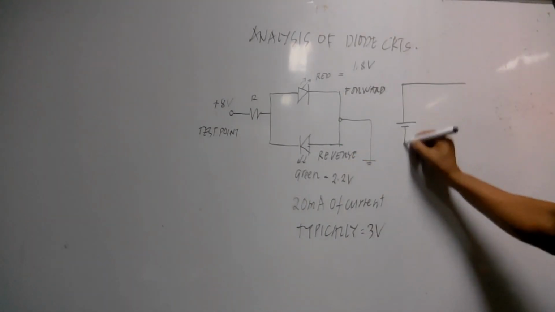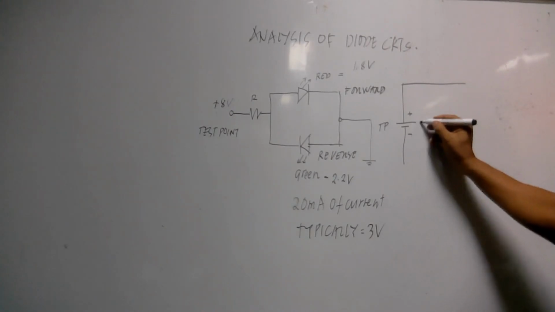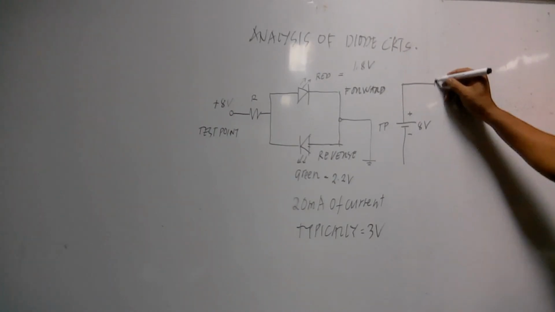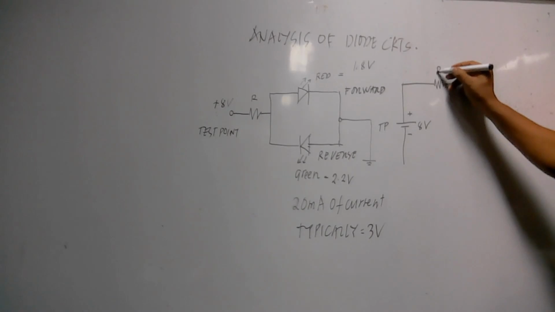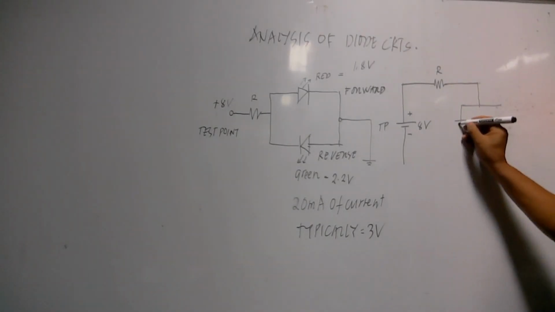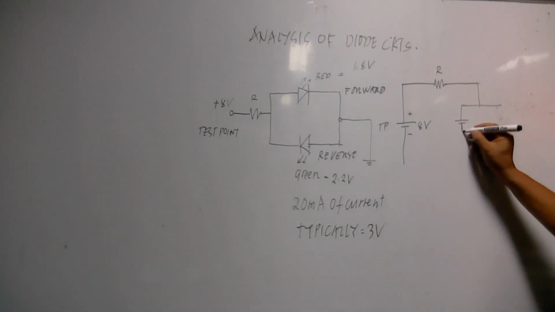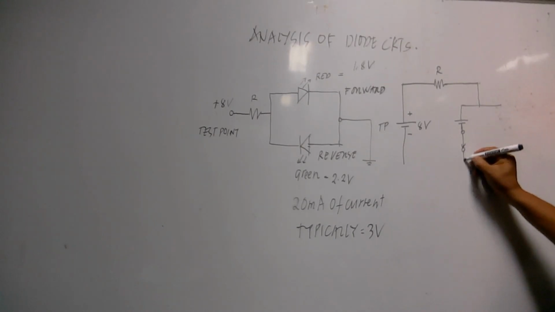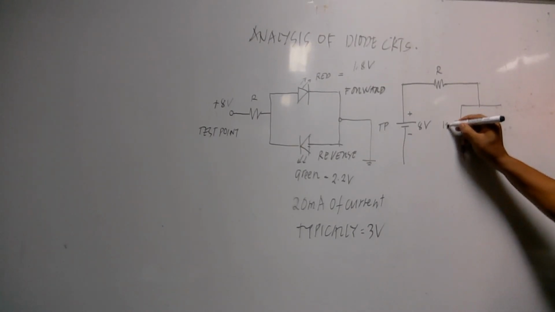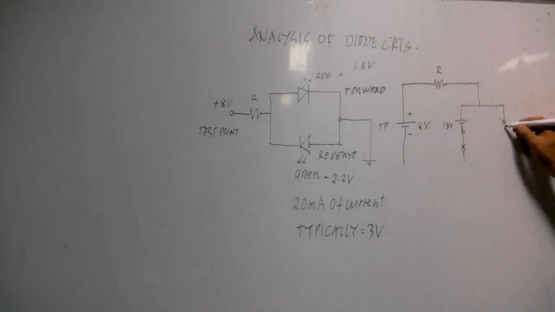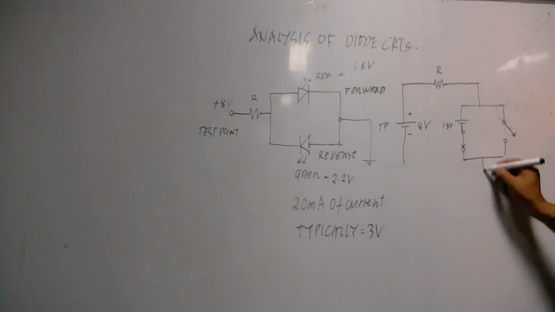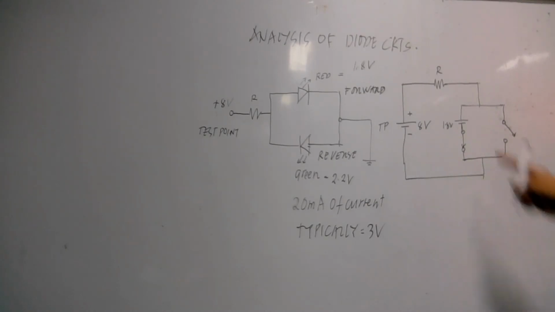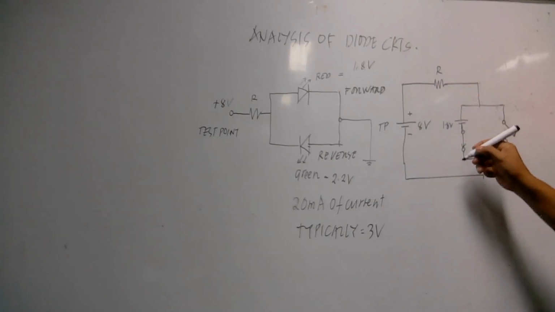This is our test point, and we have positive 8 volts connected to our resistor R. Then the red LED is in forward bias. Since it is in forward bias, it will be represented by a closed switch with knee voltage of 1.8 volts. Whereas the green LED is in reverse bias, so it is considered to be open. So that is now our equivalent circuit.